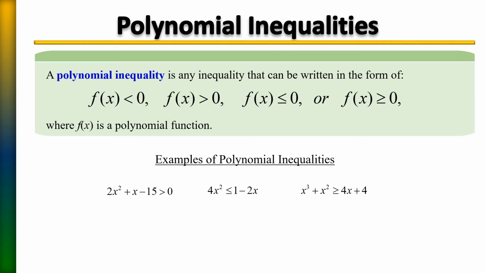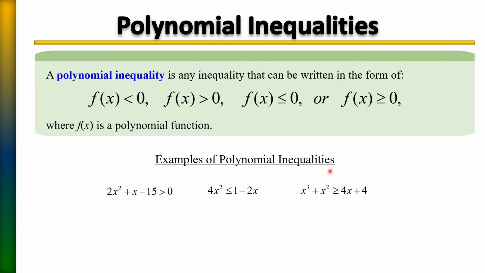Below are examples of what we call polynomial functions. Now notice that not all of them are set greater than or less than or equal to 0. In the case of the second one, you have some terms on either side.